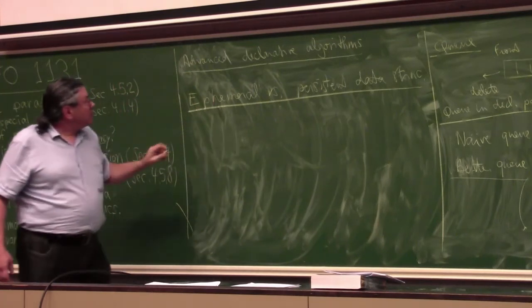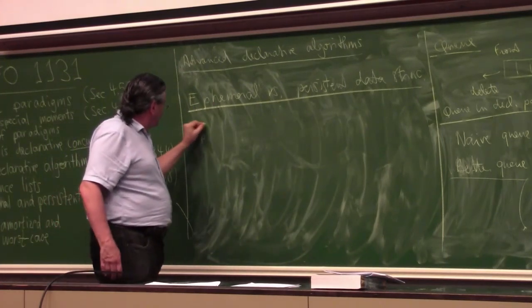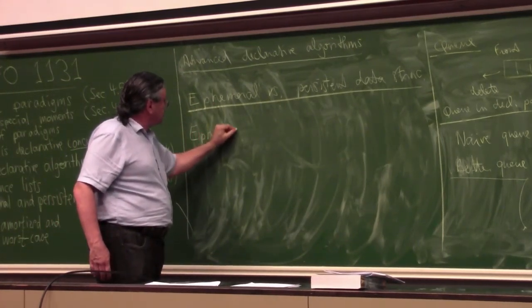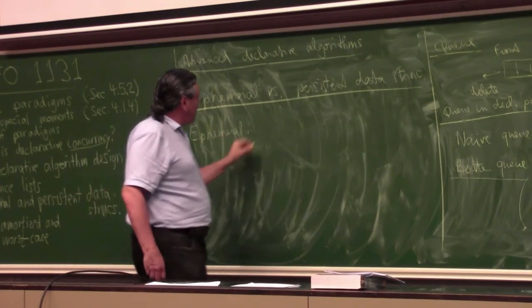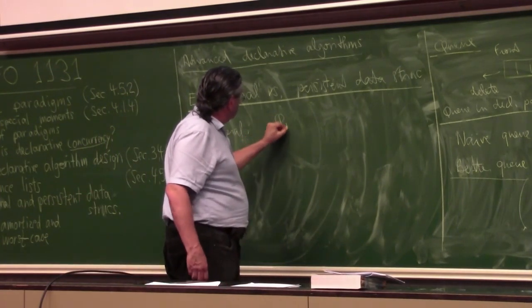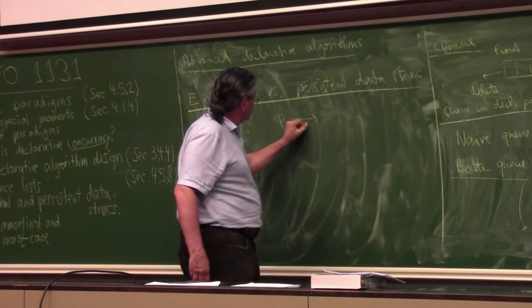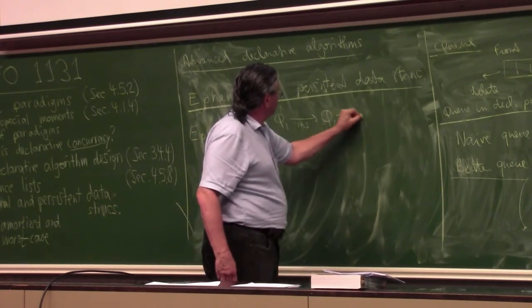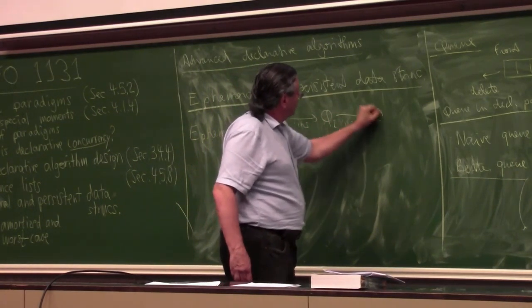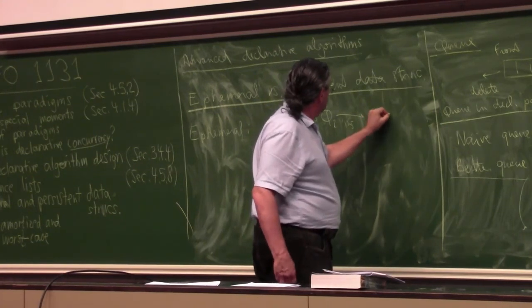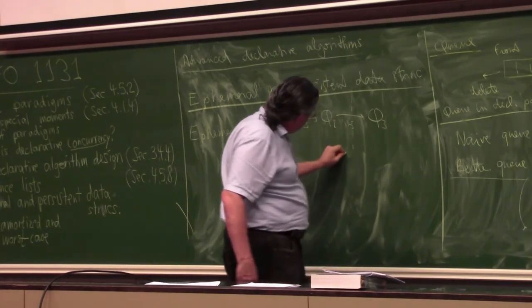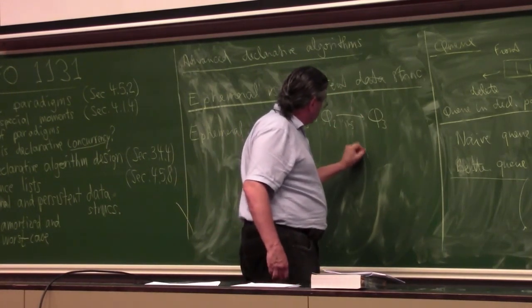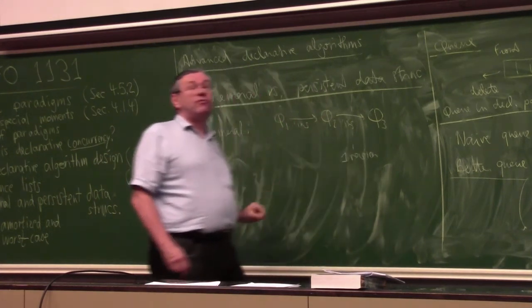An ephemeral data structure means you can only have one version at the same time. So if I have a queue and I do an insert, I get another queue and I can do another insert. But at any time, I only have one version. There's only one version of the queue.